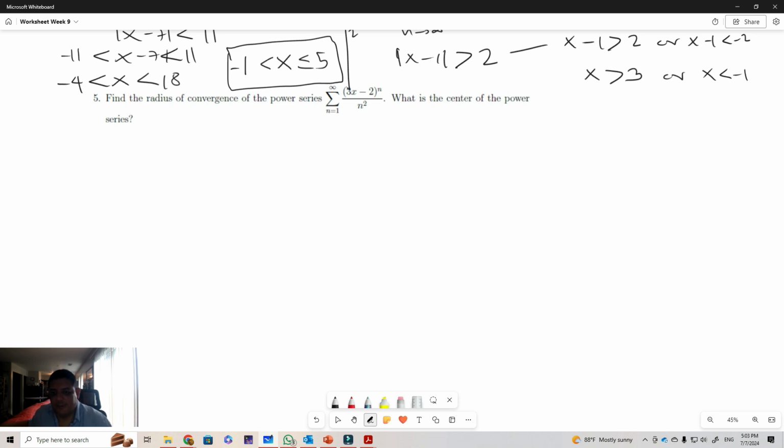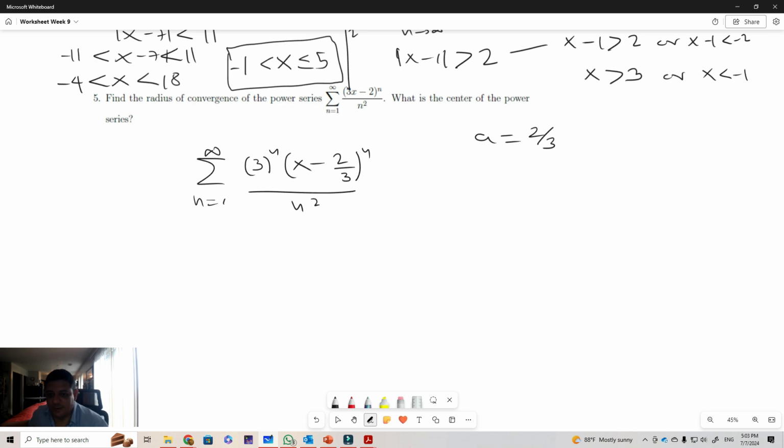To find the center of the power series, you should be able to factor this 3 out, and so you can rewrite this instead as 3 to the n times (x minus 2/3) to the n, over n squared. And so now you know that the center is really the point 2/3, and the coefficient is 3 to the n over n squared.